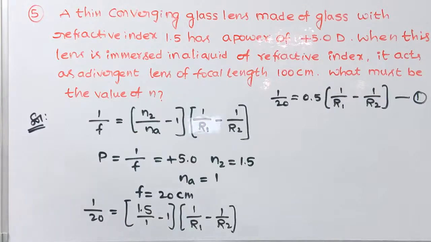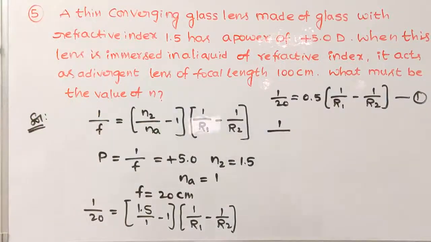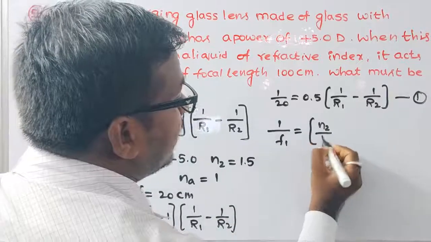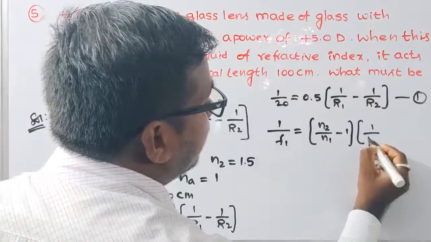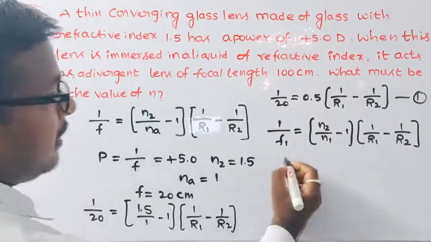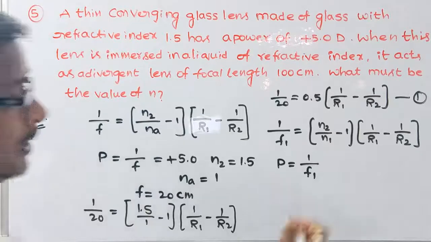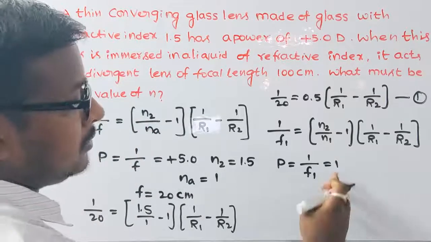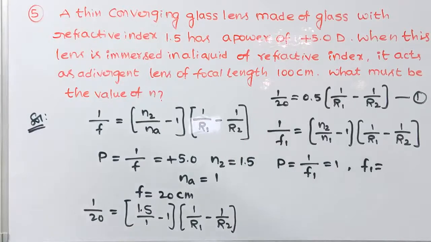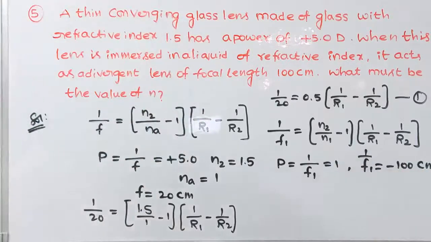Again, using the lens maker's formula, 1/f1 is equal to (n2/n1 minus 1) into (1/r1 minus 1/r2). The power of a lens P, in diopter, is equal to 1/f. Then the focal length f1 is equal to minus 100 centimeter.